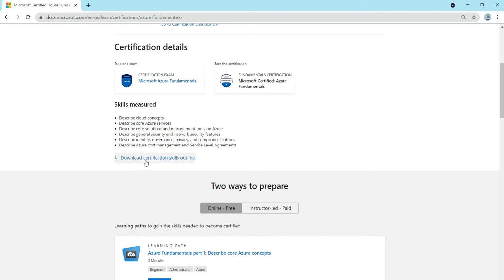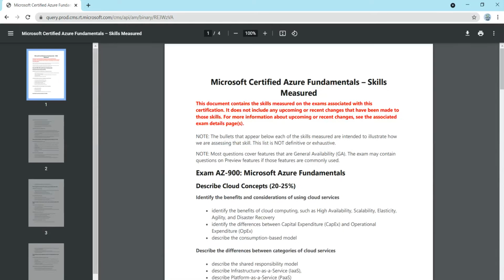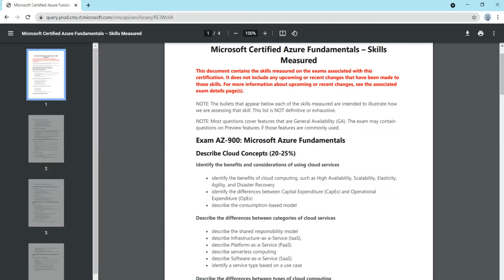So if you just click on the download certification skills here, it will take you through another PDF page and it shows what is the percentage of questions that you will get for the particular topic in the exams.